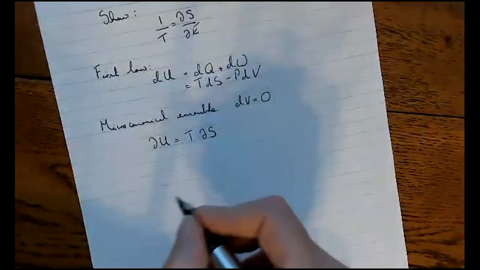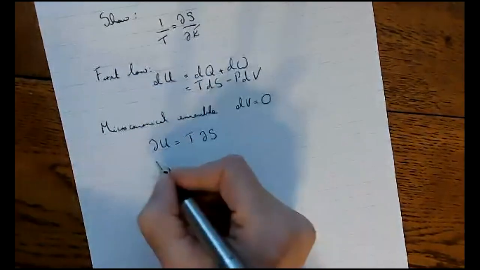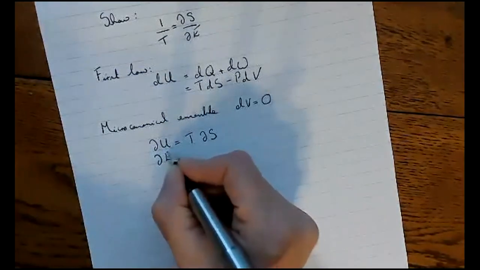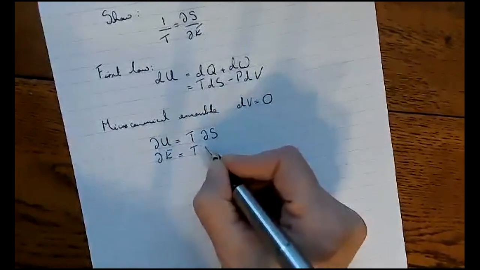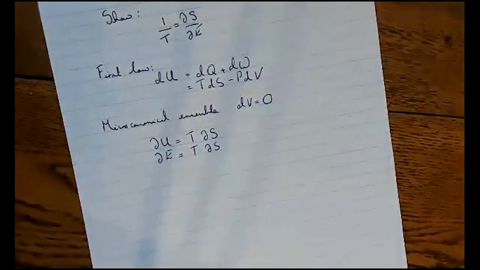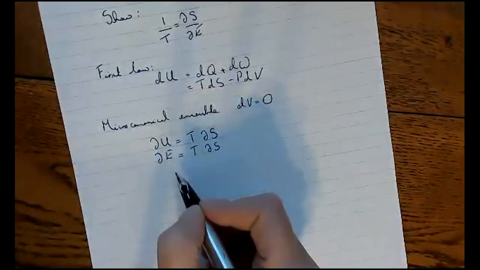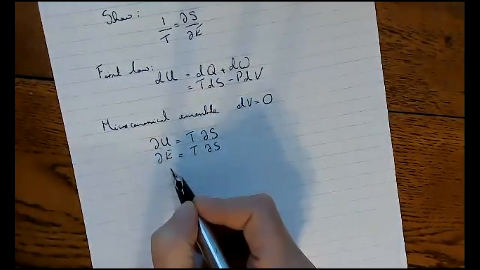But in statistical mechanics, instead of U, we normally write E. So we're going to write dE is T dS. So it's exactly the same. It's just that I tend to use E in statistical mechanics rather than U.